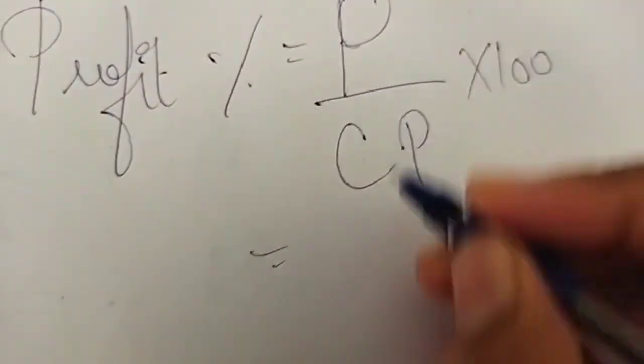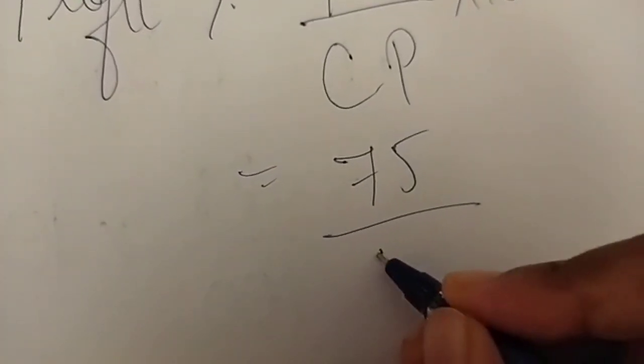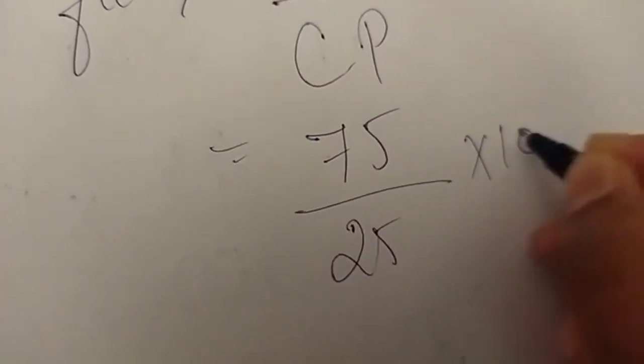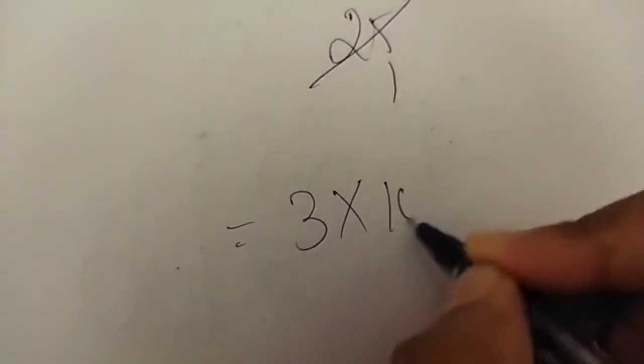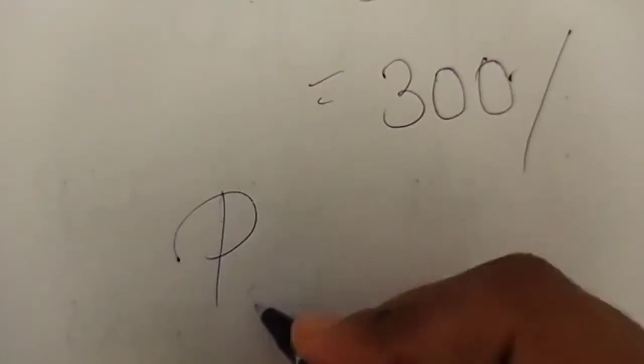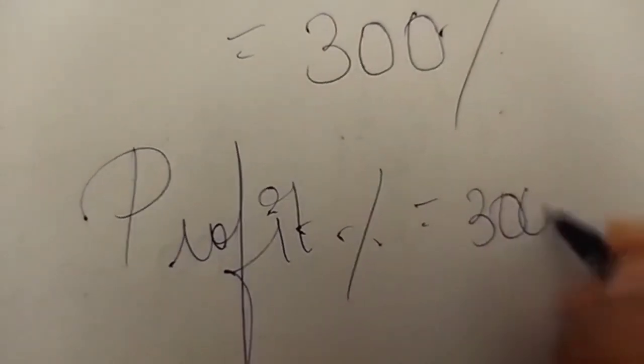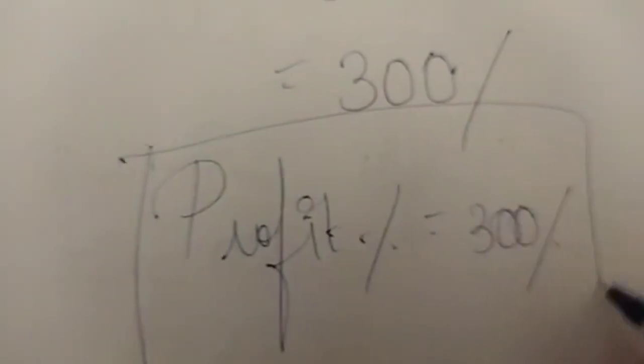So profit is 75 by CP 25 into 100, which is 3 into 100, which is nothing but 300%. So profit percentage is equal to 300%. This is the required answer.